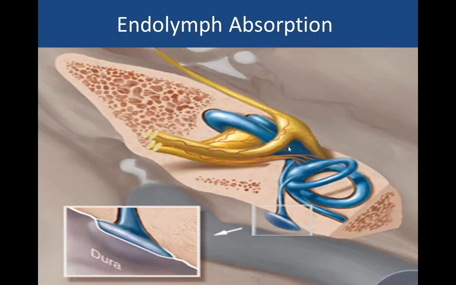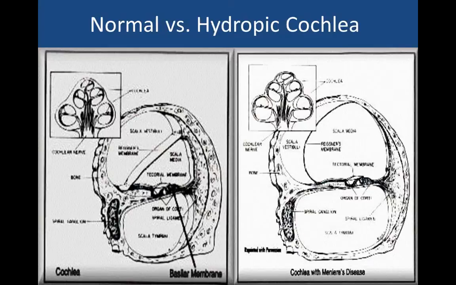That fluid then flows through the entire endolymphatic system, including the cochlear duct and into the vestibular system, and then is absorbed into the bloodstream via the endolymphatic sac, which represents the so-called drain of the system. Here are representative drawings showing what a normal ear looks like and one that is characteristic of endolymphatic hydrops.